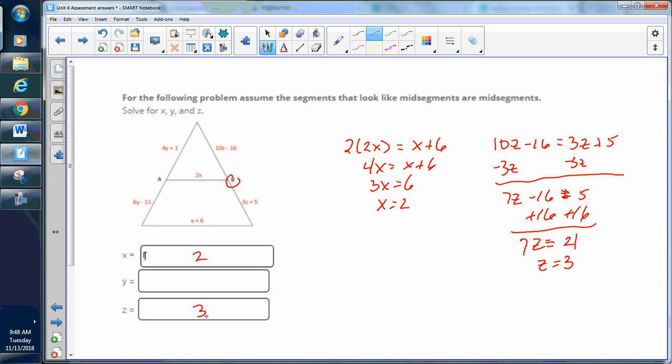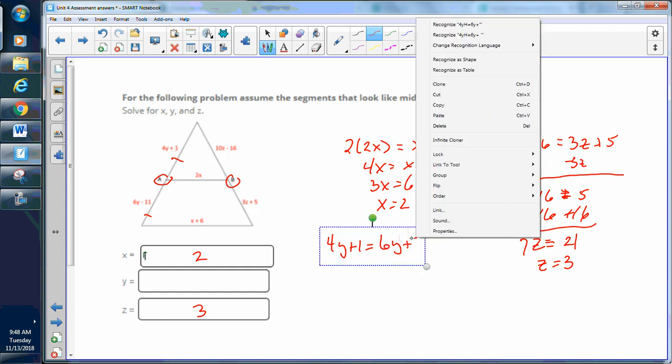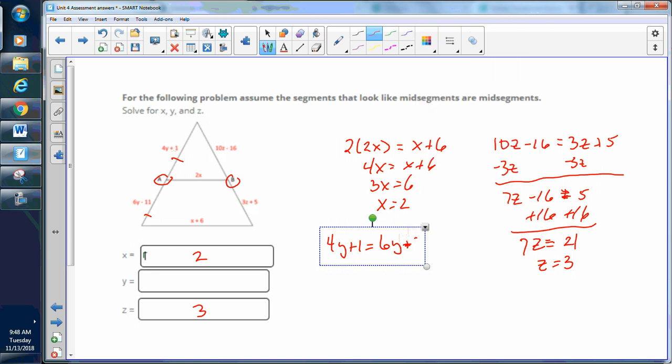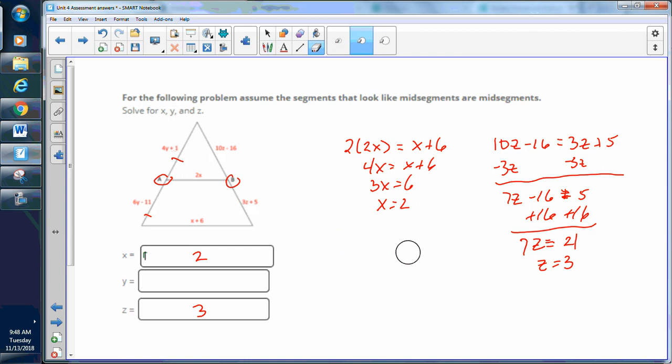And then on the other side, since it's a mid-segment, A is a midpoint, so these 2 pieces are congruent. So 4y plus 1 has to equal 6y plus 11. Minus 11, excuse me. Let's try rewriting that. 4y plus 1 equals 6y minus 11.